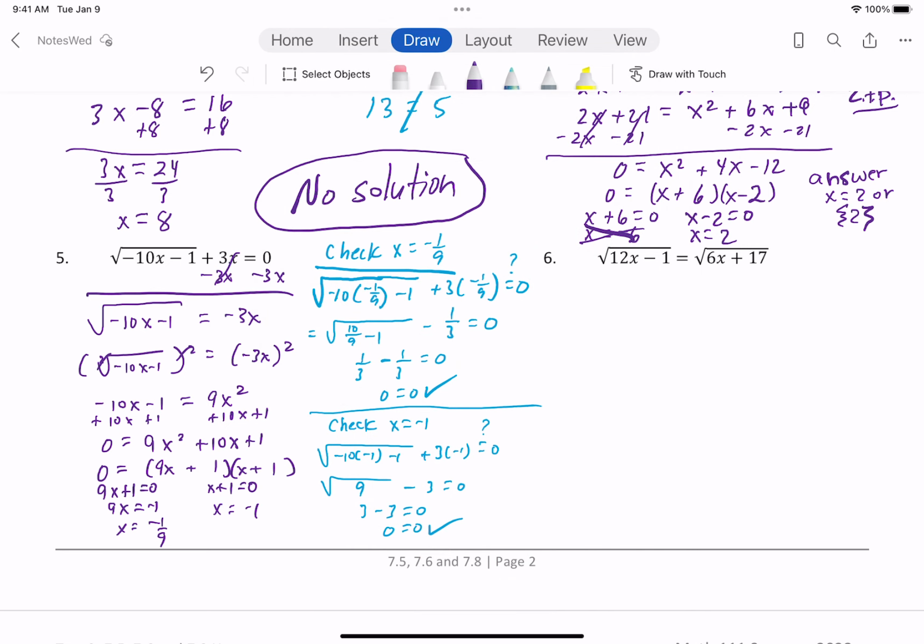So both of those are solutions, and you can give the answer in either format. Okay? I think we just got one more of these.